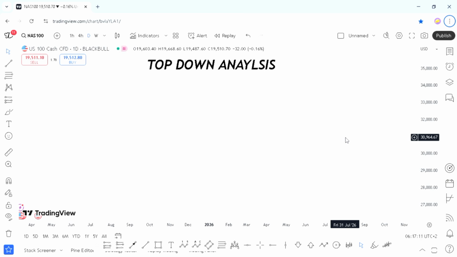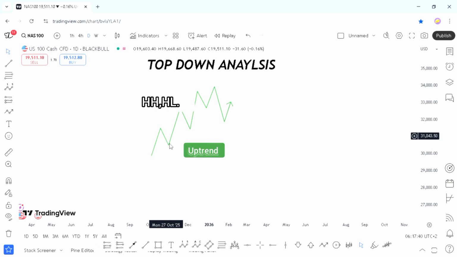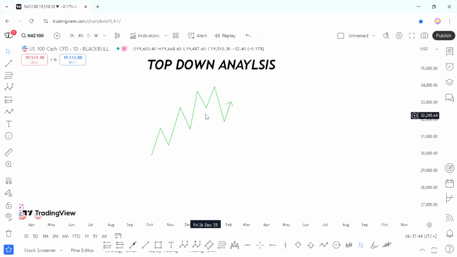If price is creating higher highs and higher lows like this, if price is moving like this, it's just a simple example. Meaning now price is creating higher highs, higher lows, higher highs, higher lows, higher highs, higher lows.